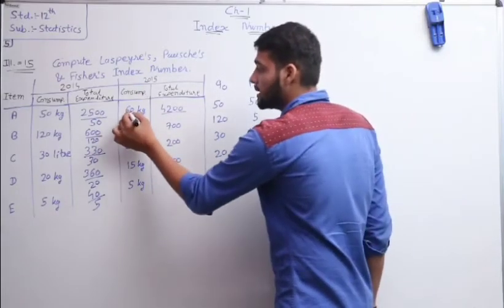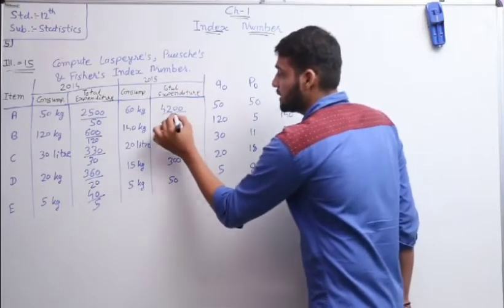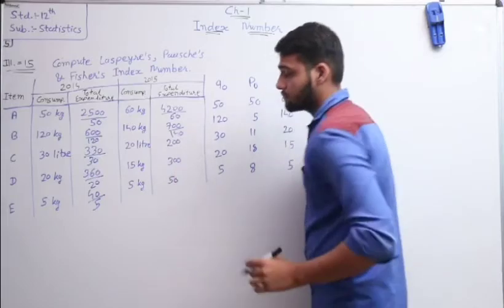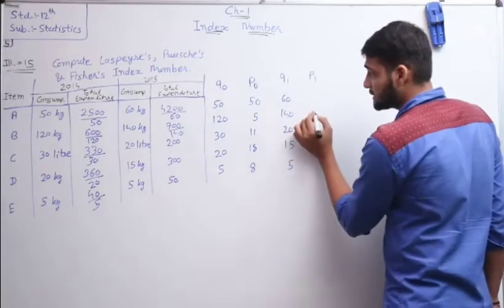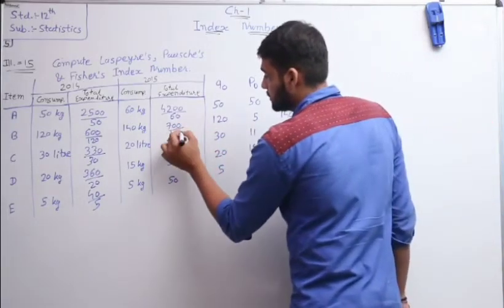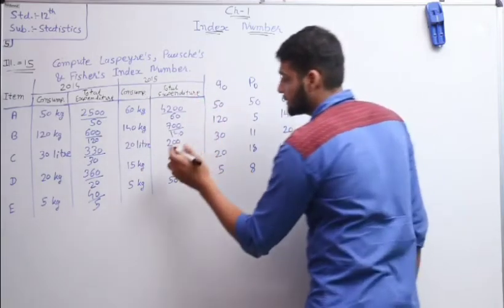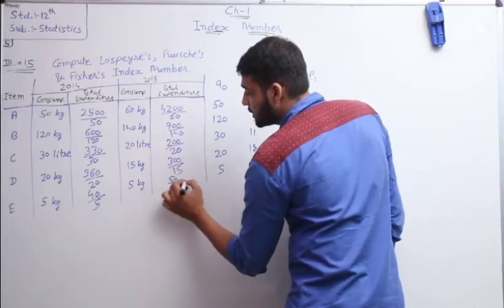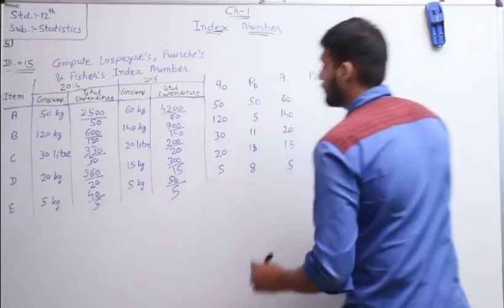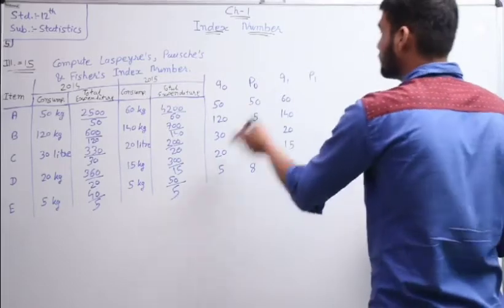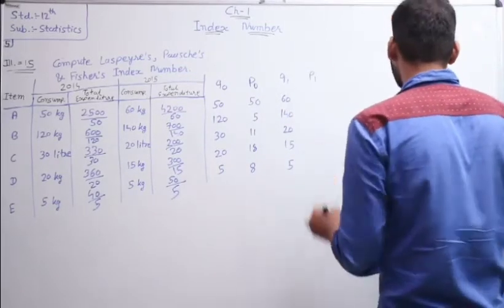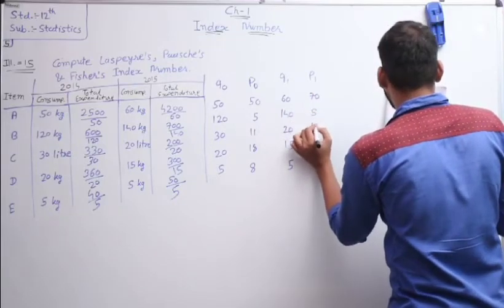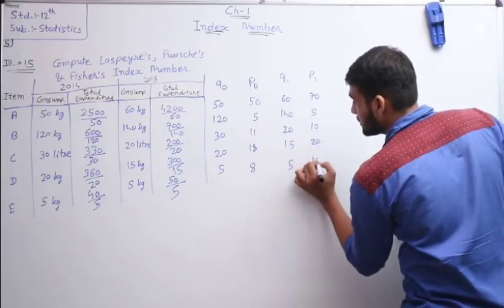4,200 divided by quantity 60, then 700 divided by 140. Let us first cut and do the division calculation, then 20, then 300 divided by 15 and 50 divided by 5. So after this division we will get the price column. So our answer is 70, then 5, then 10, then 20, and the last one is 10.